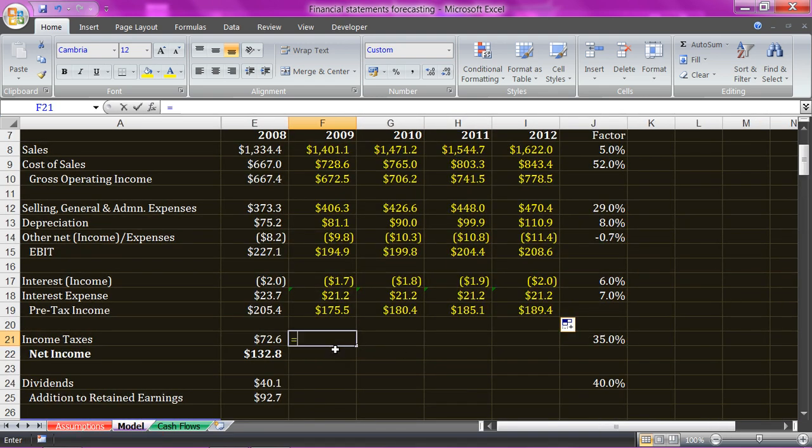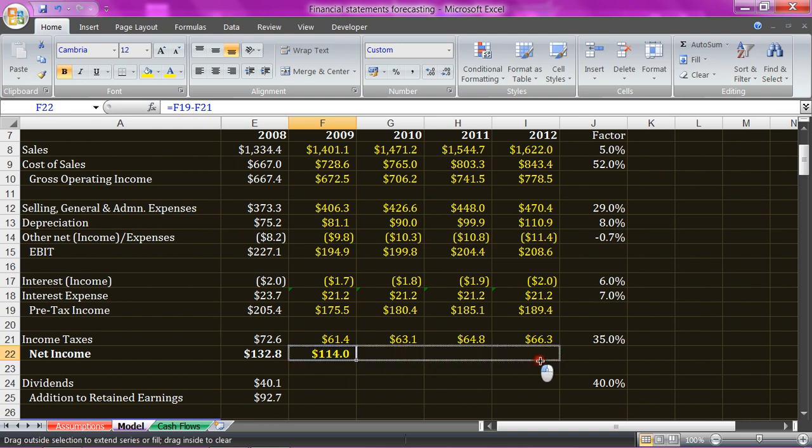So this equals pre-tax income multiplied by 35%, freeze this one, enter, and drag. Afterwards, net income will be equal to pre-tax income minus income taxes. Drag till the end.